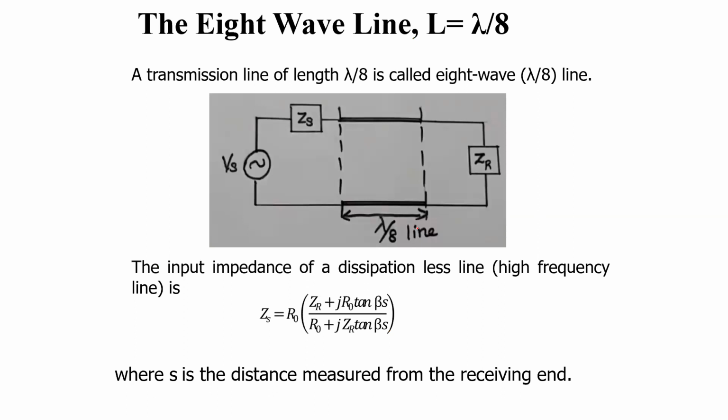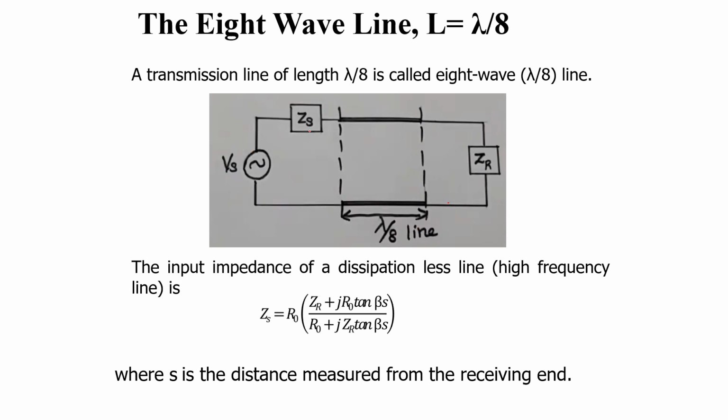Eighth-wave line. As I told you, as the name implies, the length of the short section of a transmission line that we insert between the source and the load to provide impedance matching will be equal to lambda by 8. That is why we name it as eighth-wave line. It is clearly shown in this picture. This part represents the source.